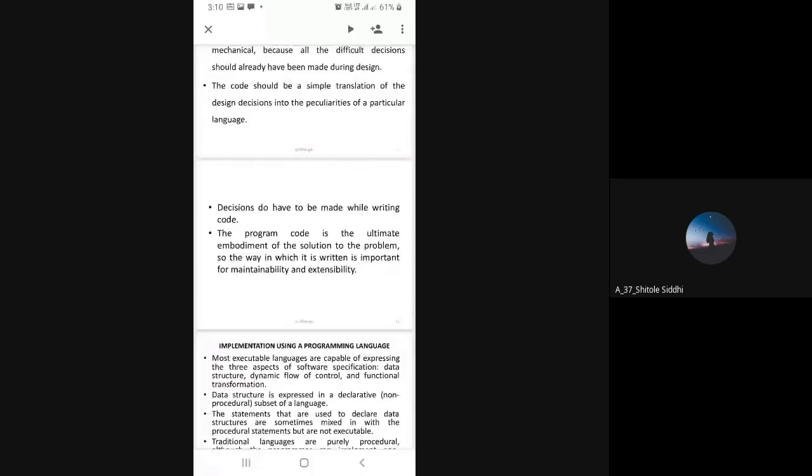Whatever code we write, make sure that it is simple to understand, and that it can be easily reused for further projects with respect to maintainability and extensibility. This kind of thing we need to take into consideration.